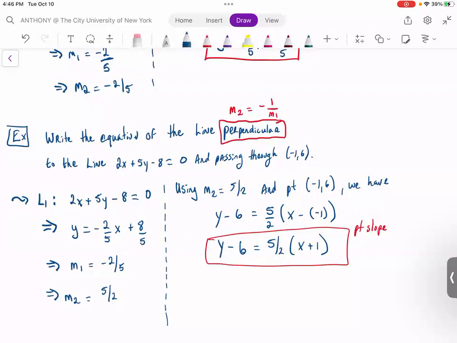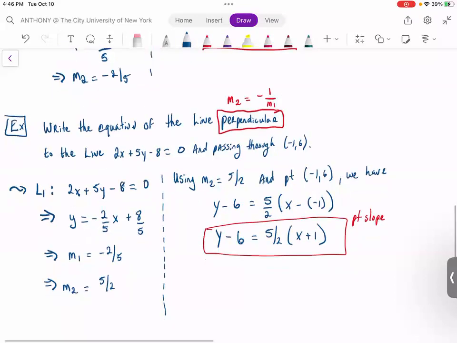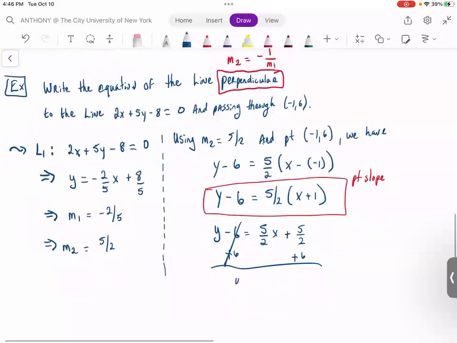If you want your slope-intercept form, you distribute the 5/2 and then add 6 to both sides. Distributing gives 5/2 x + 5/2. Add 6 to both sides; the 6 on the left cancels. You get y = 5/2 x + 5/2 + 6. The 6 can be written as 6/1, which is the same thing as 12/2. So I found my least common denominator. Now I can add like fractions: 5/2 + 12/2 is 17/2.